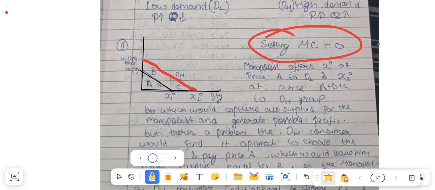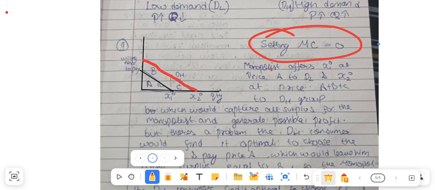We will set the marginal cost at 0 because the additional cost of producing an extra unit is almost 0, because we are selling that unit to different groups at different prices, but the cost of producing those units is almost the same or 0. That's why we have considered this as 0.